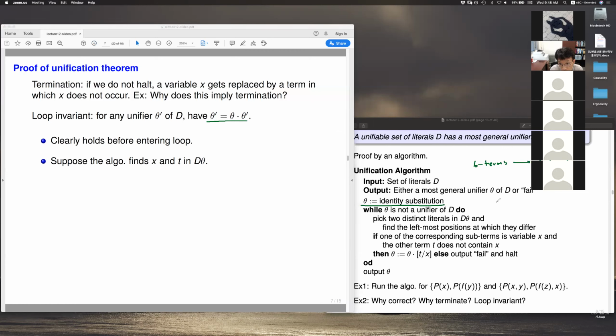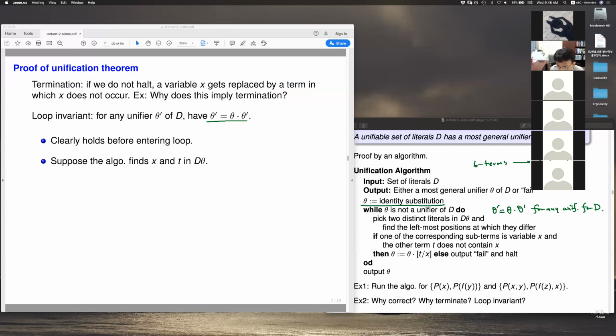Now, the difficult part is to show that this is preserved by the loop, which means that when you enter the loop, if this relationship is true, so for any unifier theta prime for D, we have this relationship. This is a relationship which we can assume to be true. Now to show it's maintained by the loop, when you go back to the loop, this will continue to be true.